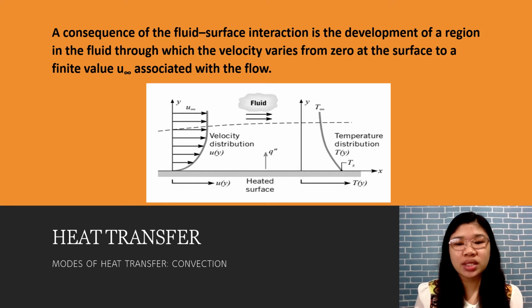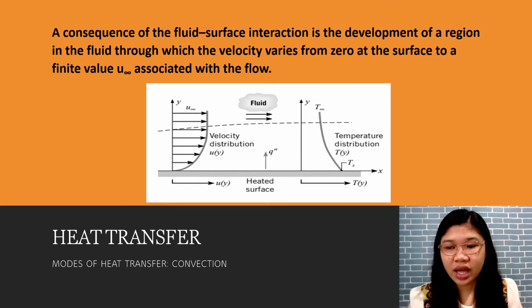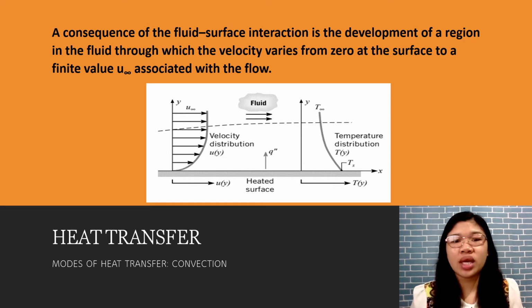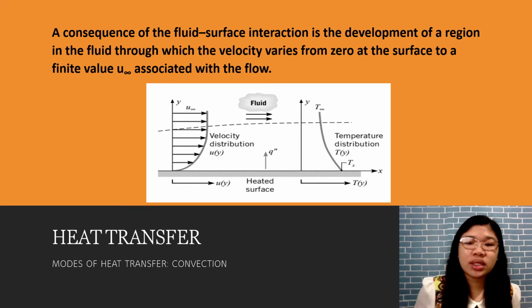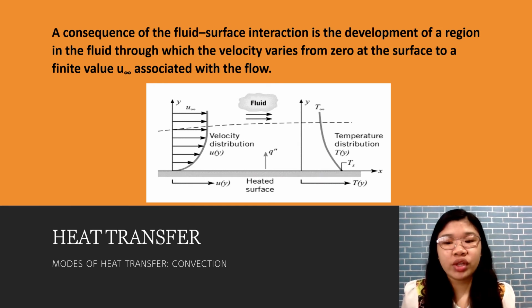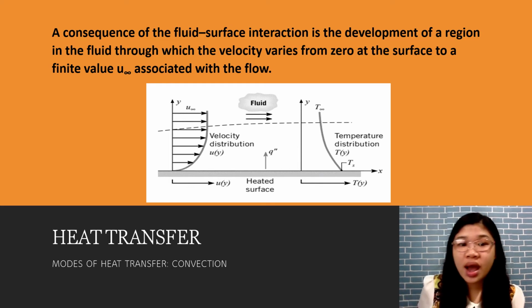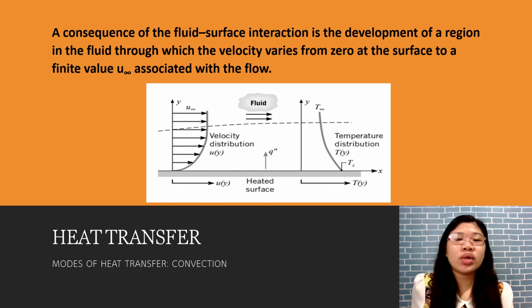So as you can see, that is the Ts there in the image. And then we have T infinity, or temperature of the fluid, in the outer flow. So as you can see, our graph is from Ts to T infinity, or the temperature of the surface at y is equal to 0 to the temperature of the fluid.